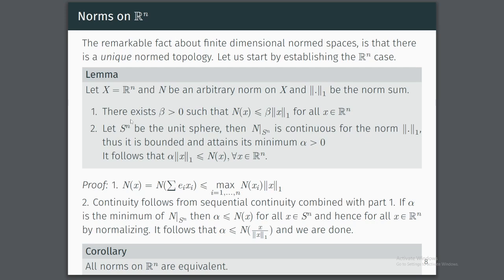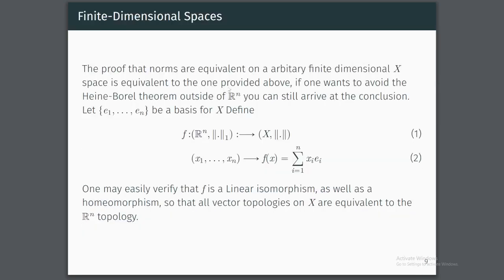Either you admit that the Heine-Borel theorem is true in finite dimensions, maybe you have already seen the proof of that. If you have, then you can just do the exact same argument here. If you haven't, then you can define a function from Rn to your finite dimensional space that takes x1 to xn to f of x, which is the sum of xi ei, where ei is the basis.